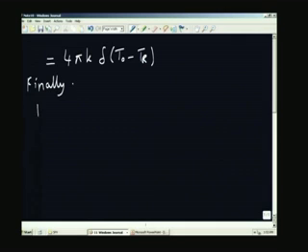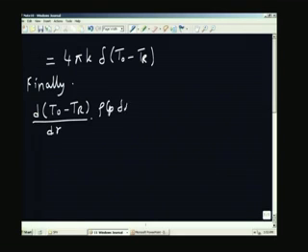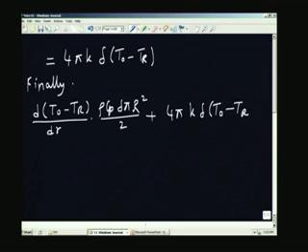So, d of T naught minus T R by dt multiplied by rho Cp delta pi r squared by 2, this is the rate at which the energy is changing, plus this quantity 4 pi k delta into T naught minus T R. So, this is the heat transfer at the periphery.